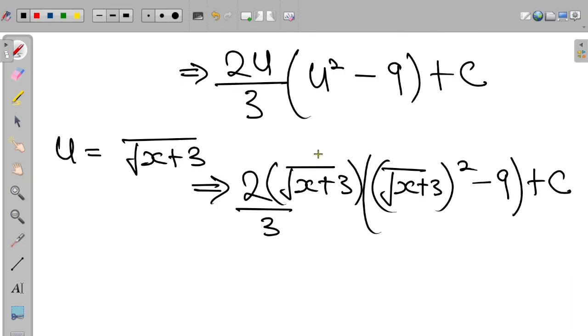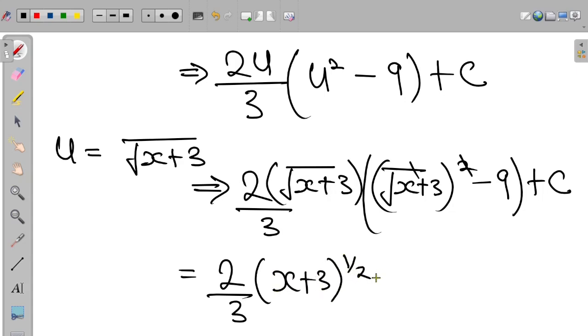Now at this point, we have that square can cancel out square root. So we'll be left with 2 divided by 3, open bracket, x plus 3 all to the power of 1 divided by 2, open a bracket, this is x plus 3 minus 9, plus c.